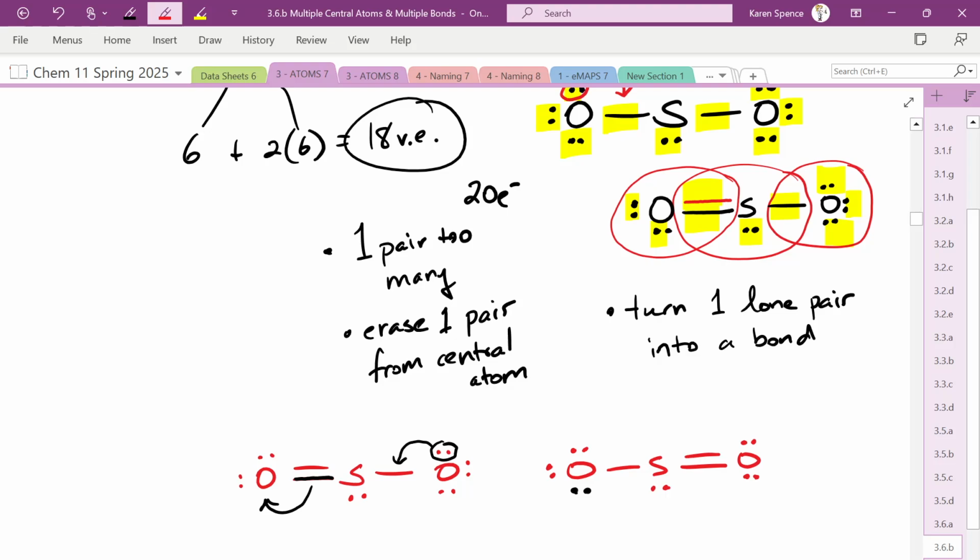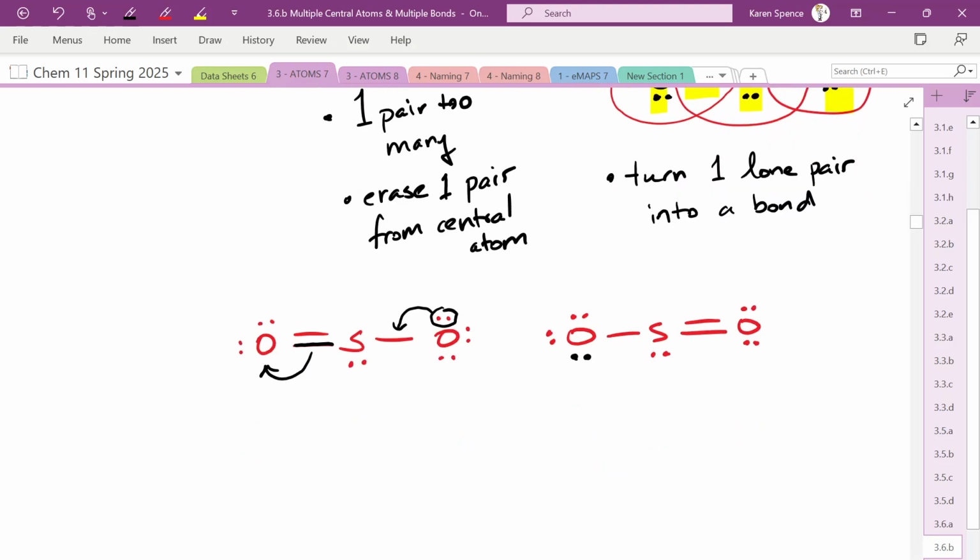Charge likes to be spread out as much as possible. Yes? So if we can spread out those electrons as much as possible, that's a good thing. It turns out that the true structure is not actually double bond, single bond, flipping back and forth. What it really is, and the reason that I'm not going to show you this just yet is because you cannot draw lone pairs when you do this, but really what you have is a 1.5 bond and a 1.5 bond.